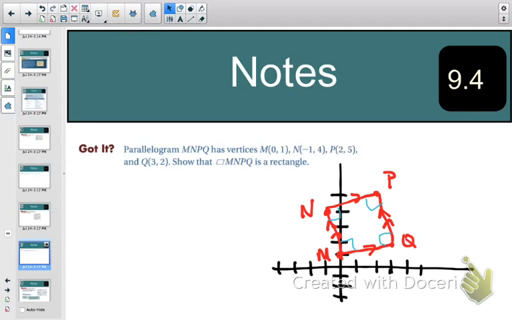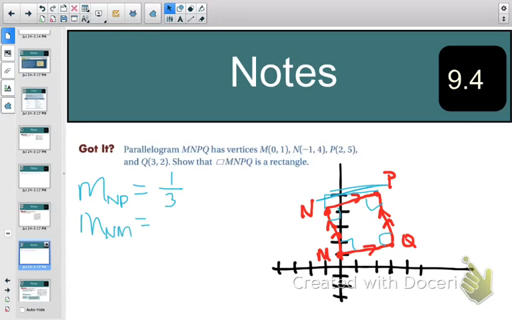So to do that, let's look at NP first, this top line right up here. So we're looking at the slope of NP. I'm going to rise 1, run 1, 2, 3. So 1/3 is your slope. So we want that to be opposite to the slope of NM.